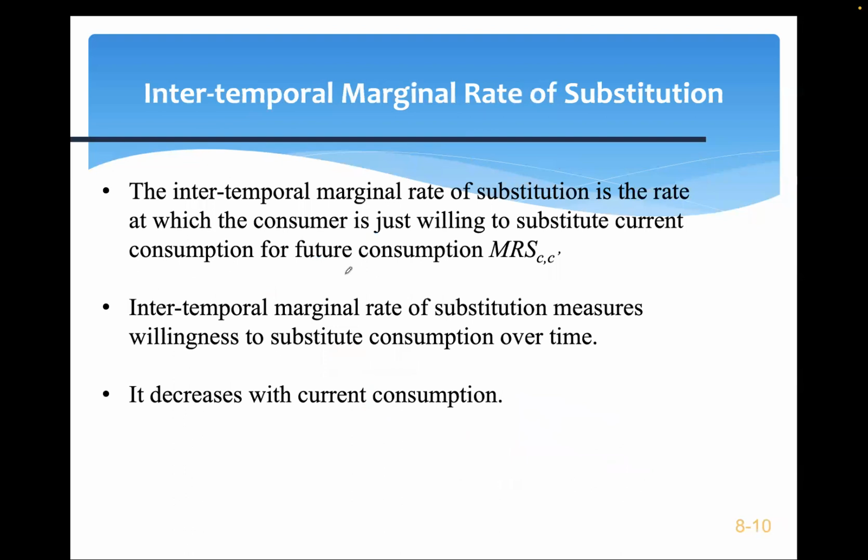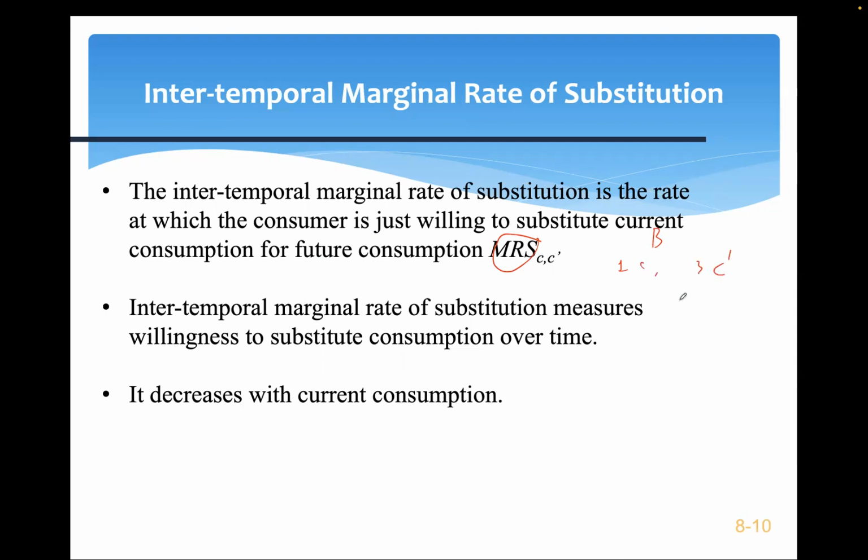Okay, here I just summarize what I just discussed. The intertemporal marginal rate of substitution, usually MRS, is the rate at which consumers are willing to substitute C for C prime. Okay, so this is the willingness to trade C for C prime. Like in the previous case, at point B, if you give up 1 C, you must give me 3 C prime.